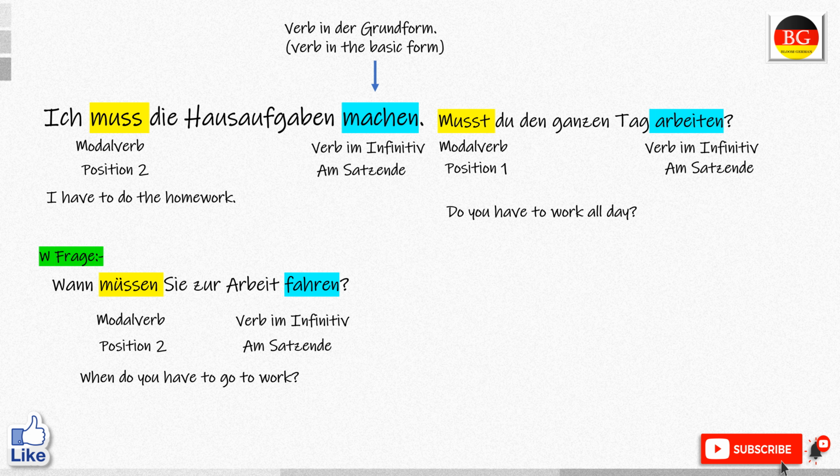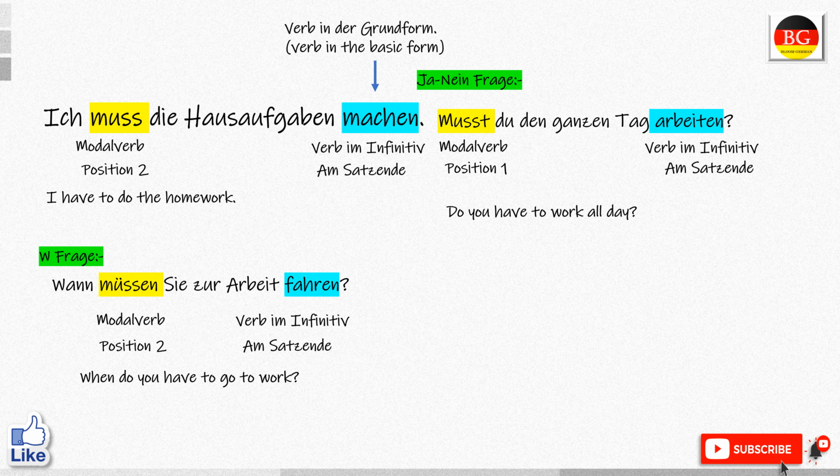Do you have to work all day? So this is the Ja Nein Frage, as the question starts with musst, that is a modal verb. That means the sentence is a Ja Nein question, a Ja Nein Frage.